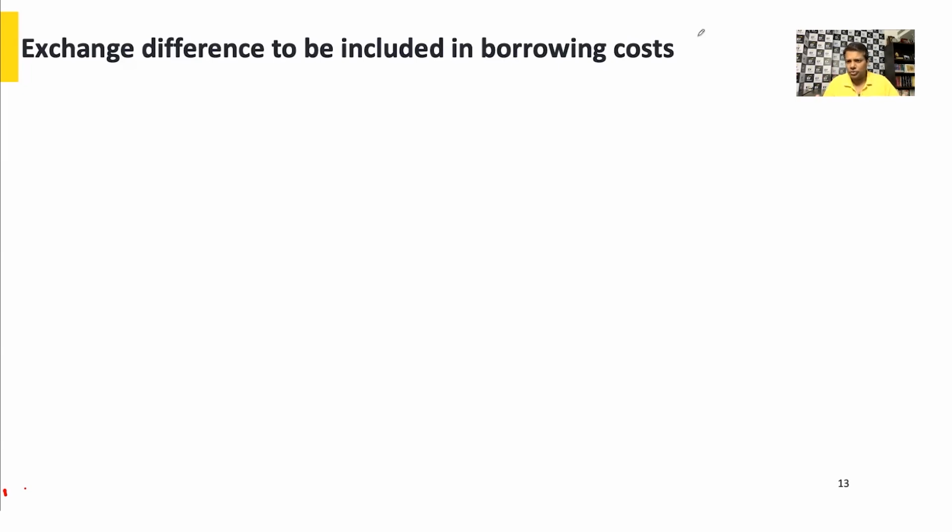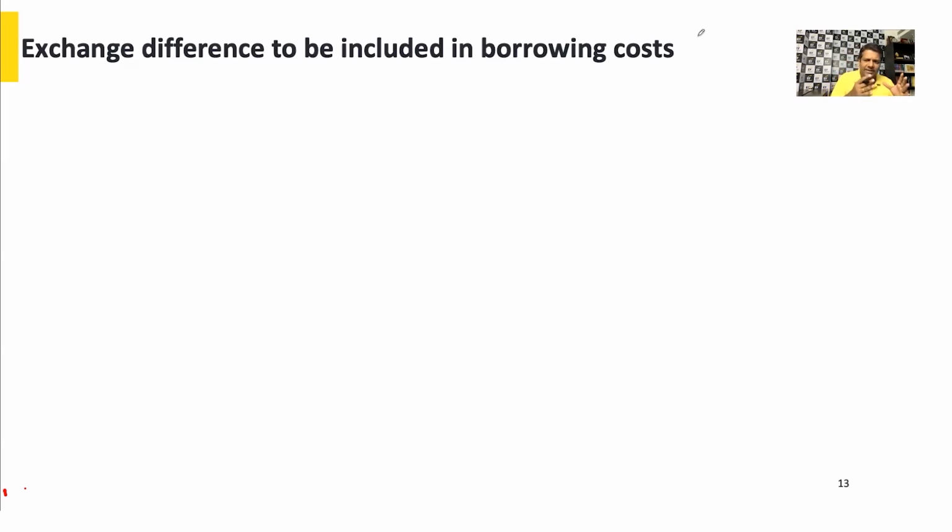If you are exposed to the currency risk, the standard permits you to also look at that currency loss. There is also a possibility that you may have a currency gain, right? If you have a currency gain, that anyway straight away goes to profit and loss account. That is not required to be considered under Ind AS 23.